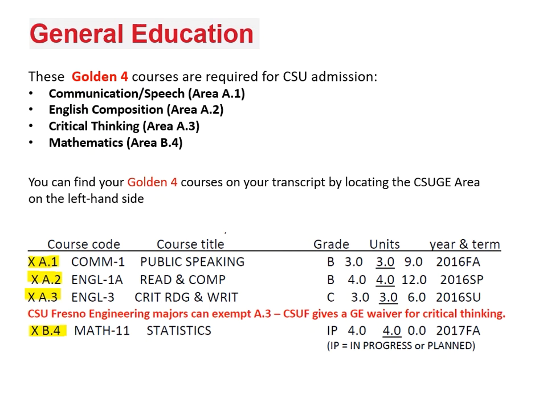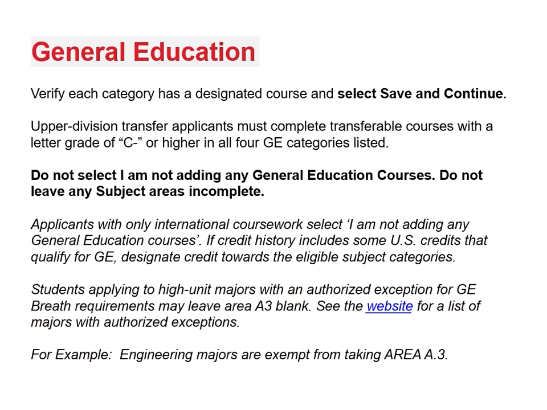Please note that Fresno State engineering majors are exempt from area A3, as Fresno State does give a GE waiver for that critical thinking area, only for engineering majors at this time. So once you have verified each category has its designated course, you are going to save and continue.